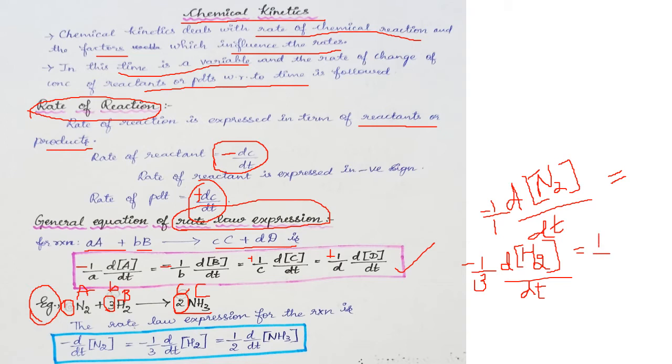So we have to write it as 1 by 2 dNH3 by dt. So it is a very simple expression, and this is the rate law expression for the above reaction.